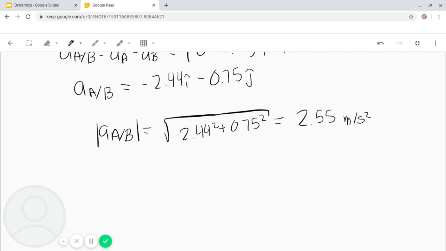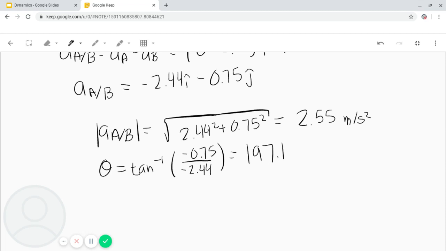And then the angle would be arctan of negative 0.75 over negative 2.44, which would give us 197.1 degrees with respect to the positive x-axis.